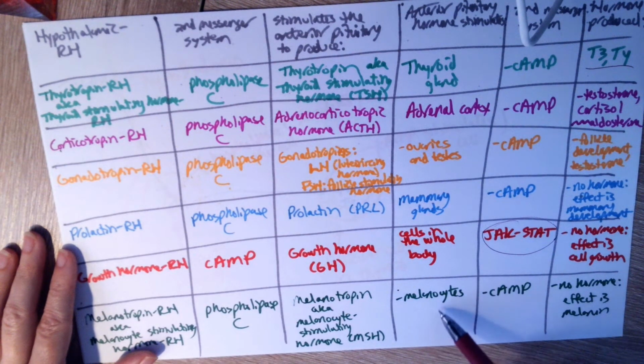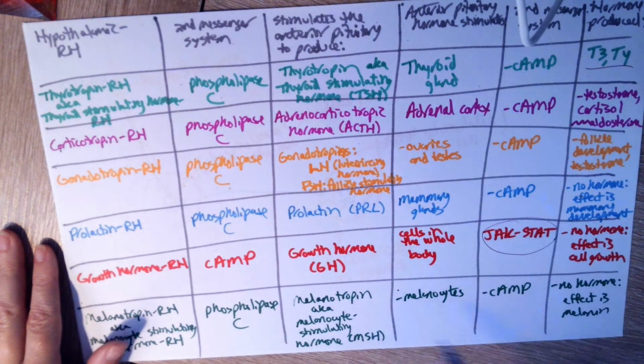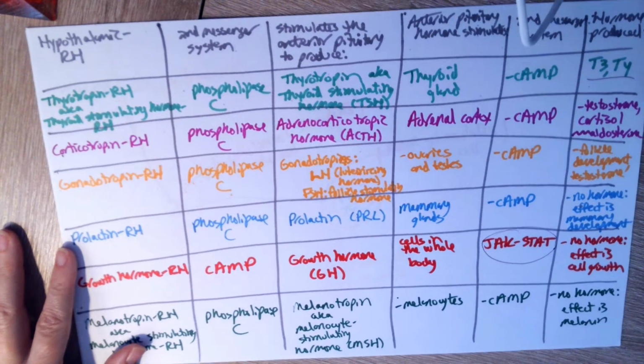They're responsible for the color of your skin, so this would stimulate the melanin production in your skin, but really only when you are a fetus, before birth. Lizards, fish, and other types of animals still use melanocyte stimulating hormone after birth. After you have your base skin tone and you're grown, this is not really in effect. But while it is still in effect, it uses cAMP as a second messenger to cause the production of melanin.